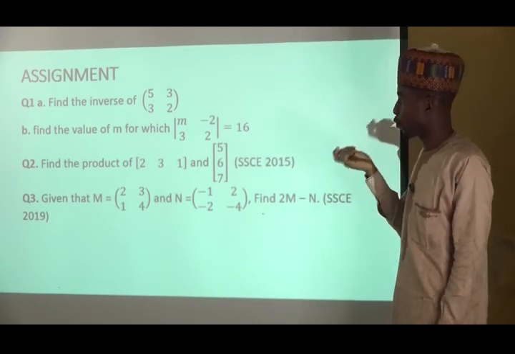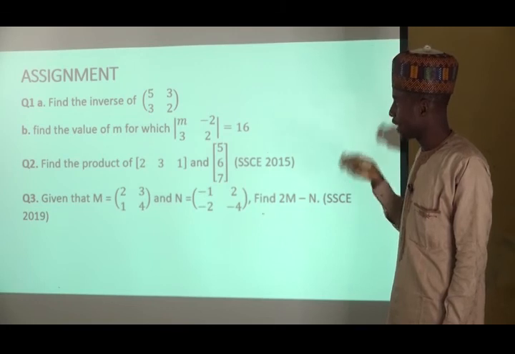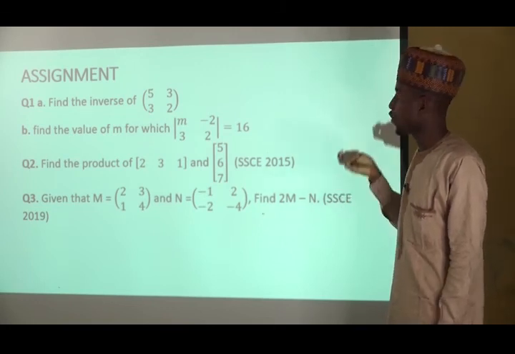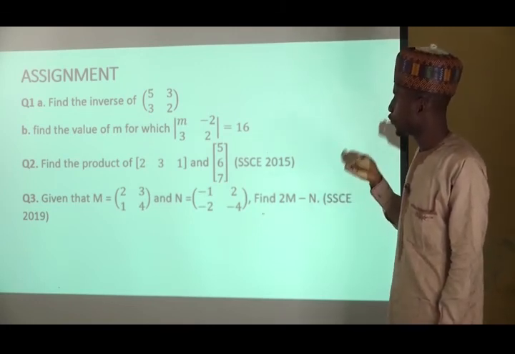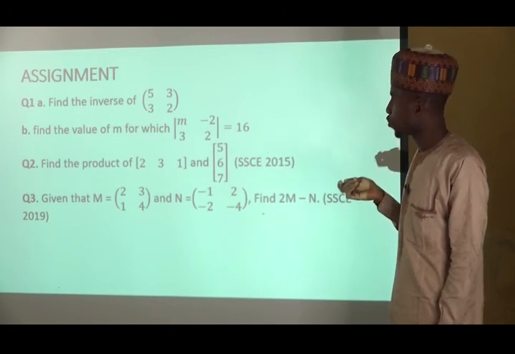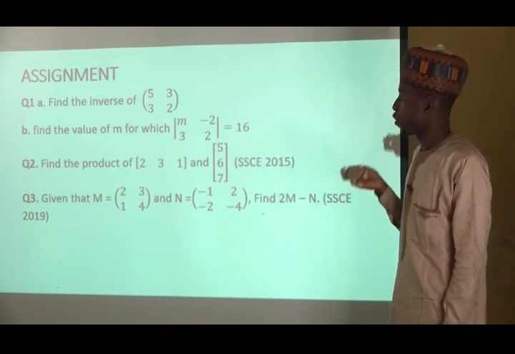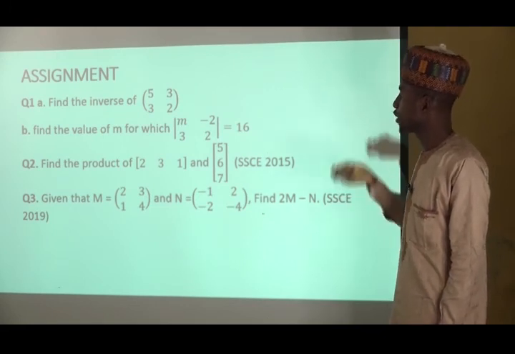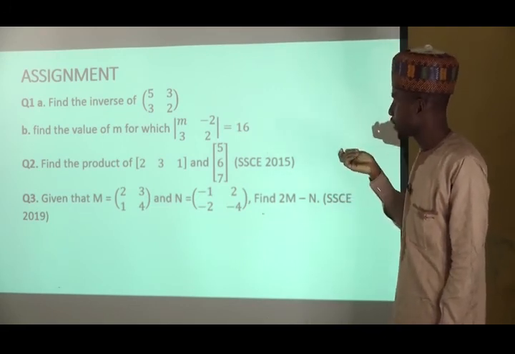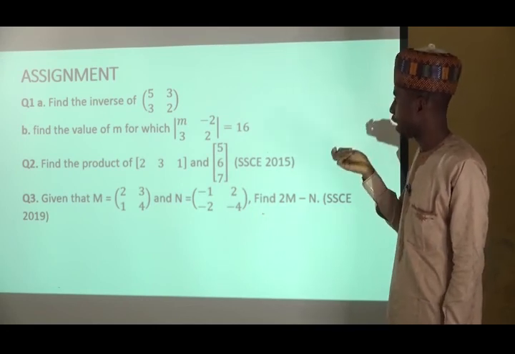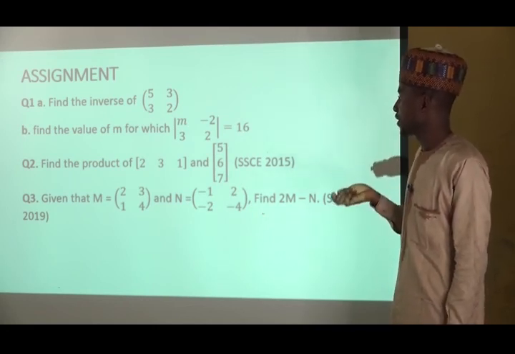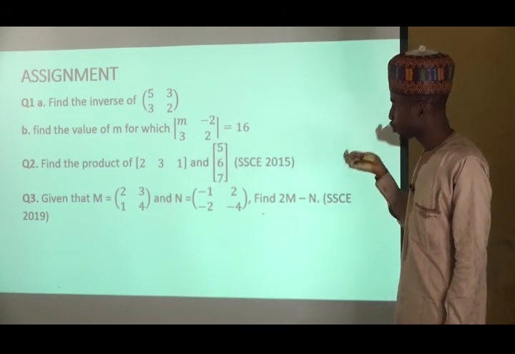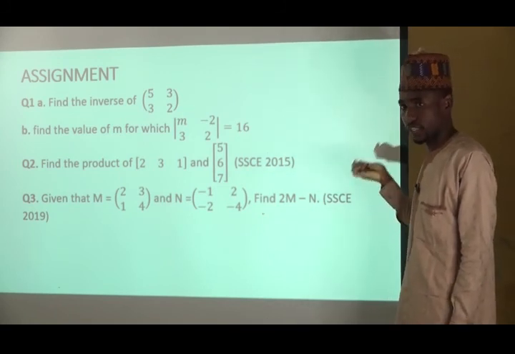I will take the questions again. Question number 1A, find the inverse of the matrix, first row 5, 3, second row 3, 2. Number 1B, find the value of M for which the determinant, with first row elements M and minus 2, second row 3 and 2, equals 16.